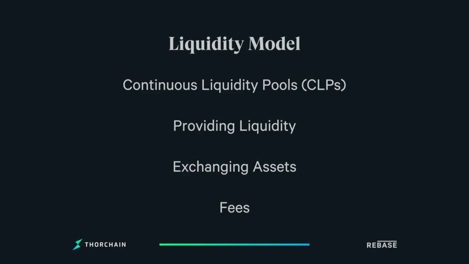So in terms of providing liquidity, providers make special transactions to deposit assets into THORChain vaults. The network tracks how much you put in and what proportion of the pool you own. There's a formula for working out how much of a pool you own, and that's something we'll cover in later parts of the Rebase coverage of THORChain.